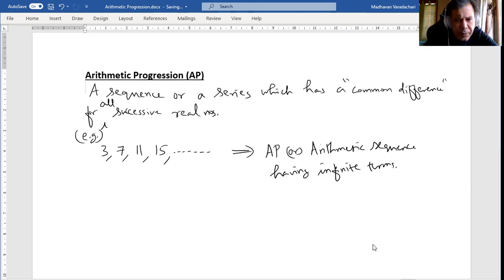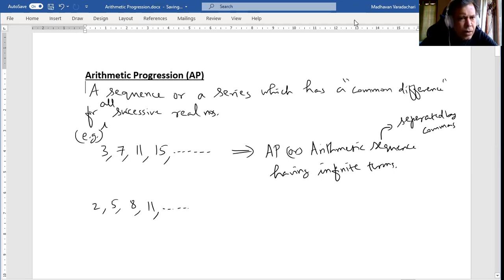Why is it an arithmetic sequence? Because every term is separated by commas. So a sequence is separated by commas. And for example, I may write one more: 2, 5, 8, 11, and so on.